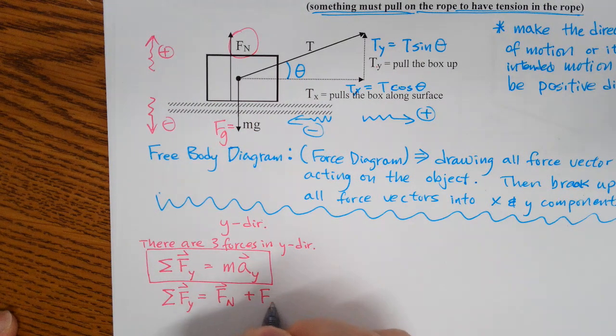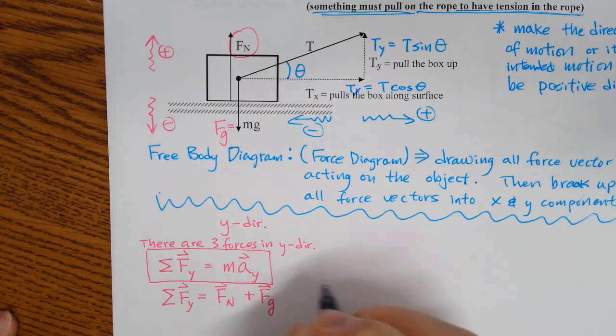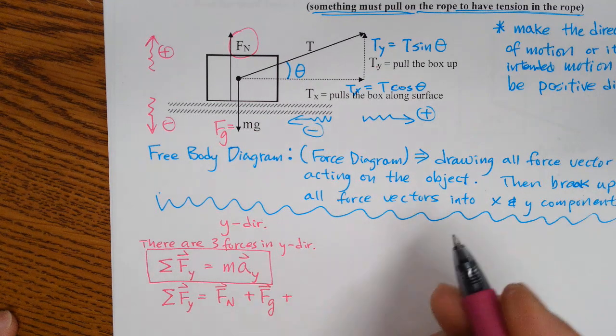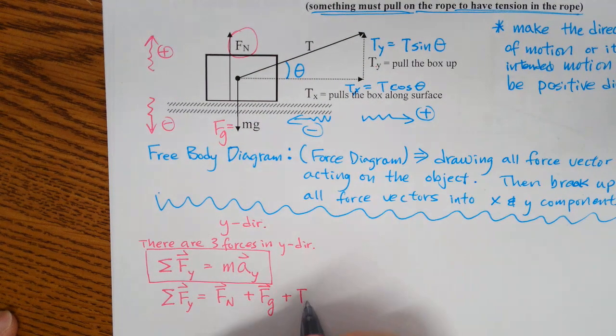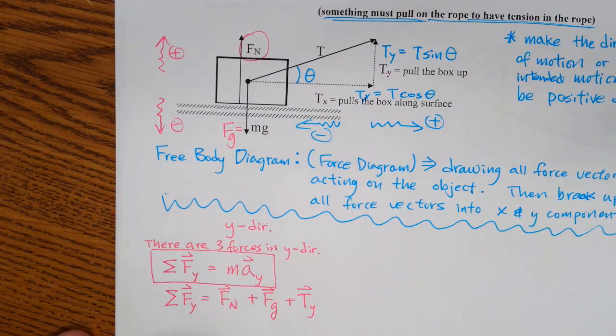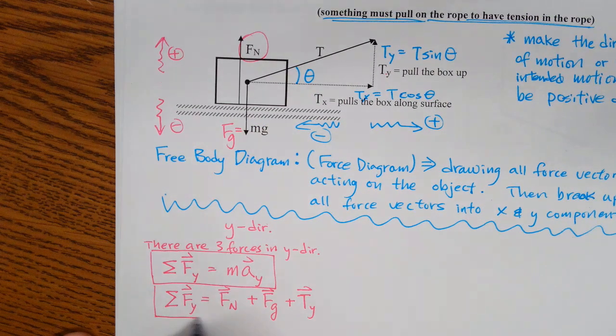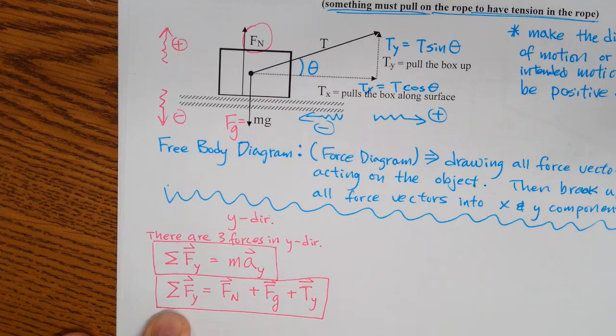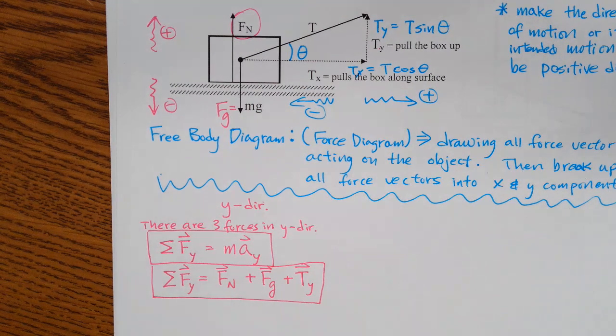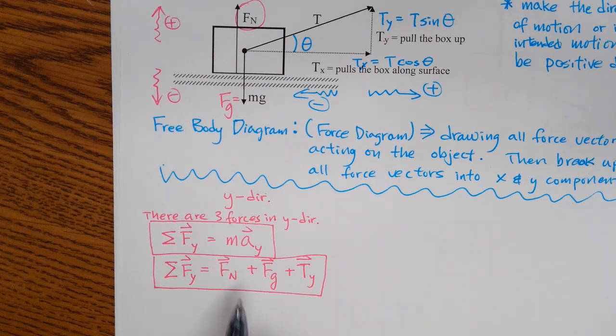So plus Fg, plus Ty. So this is the definition of my net force, adding up all the forces. But since I'm looking at net force in y, it's all the forces in the y direction. So these two are crucial. But this is easy. You just have to remember F equals ma. But identifying all the forces in the y direction is very important.